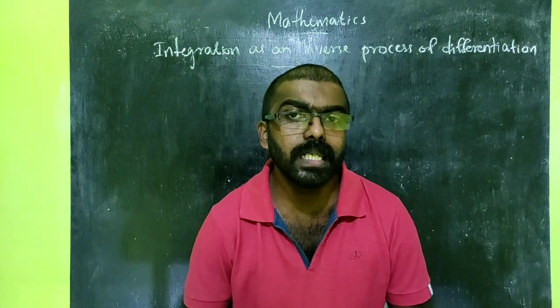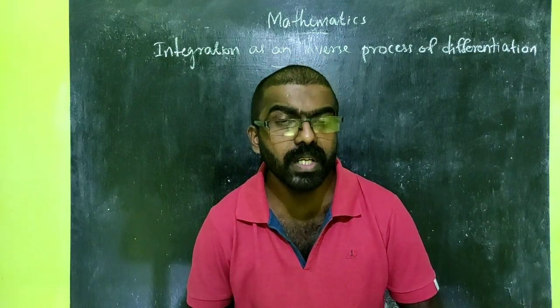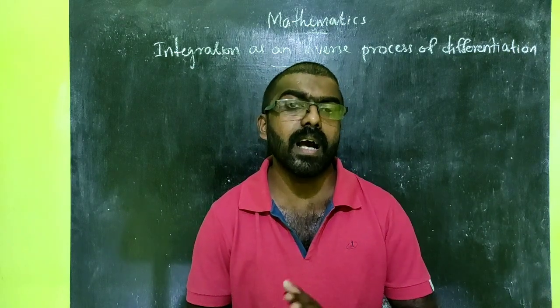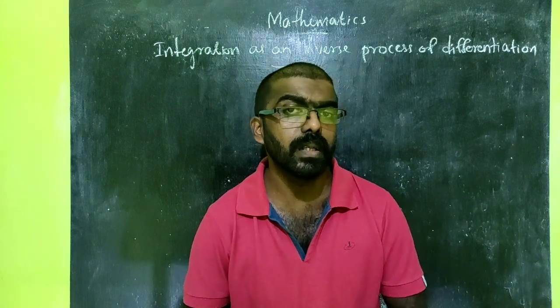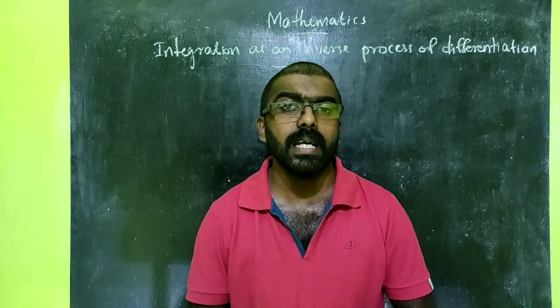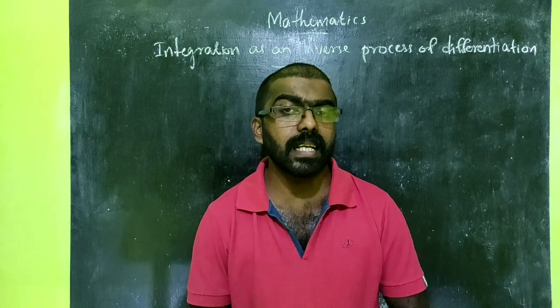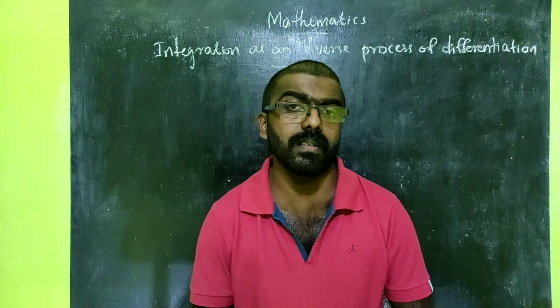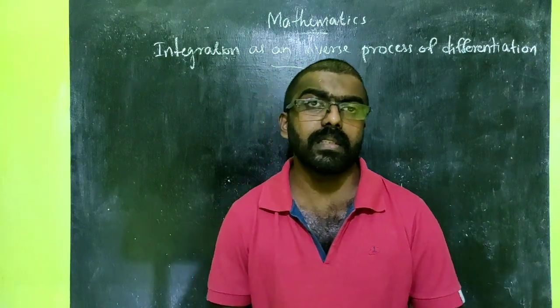Instead of differentiating a function, we are given the derivative of a function and asked to find its primitive, that is, the original function. Such a process is called integration or anti-differentiation. Let us consider some examples.